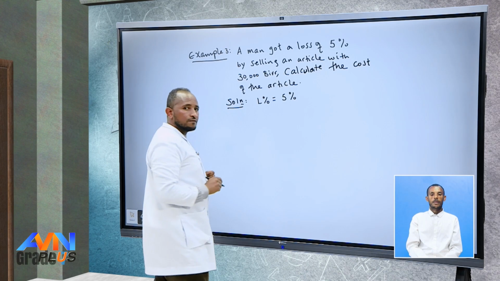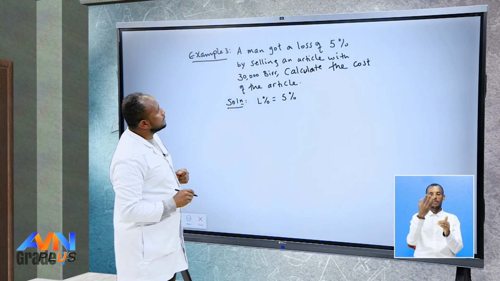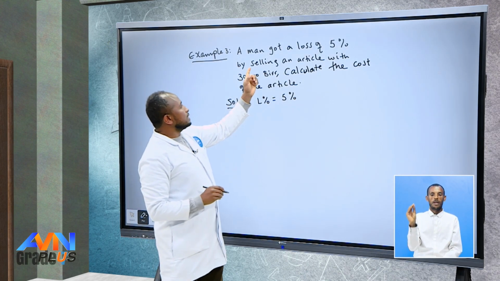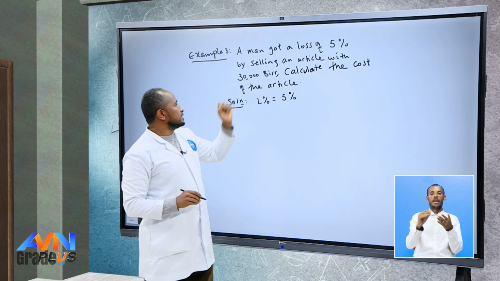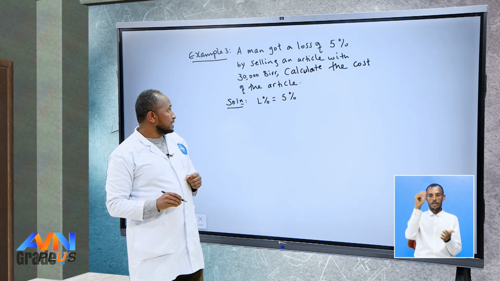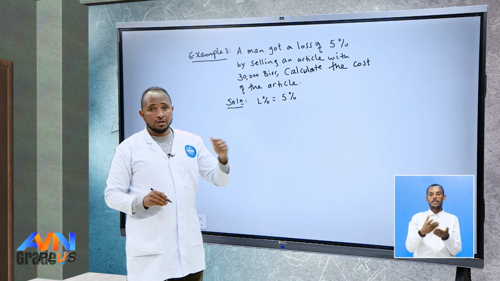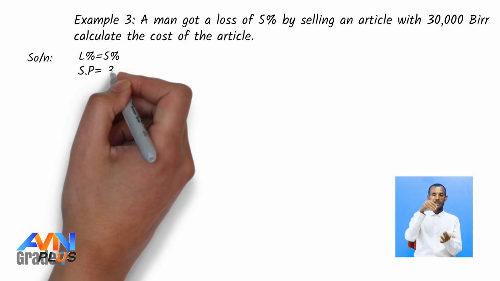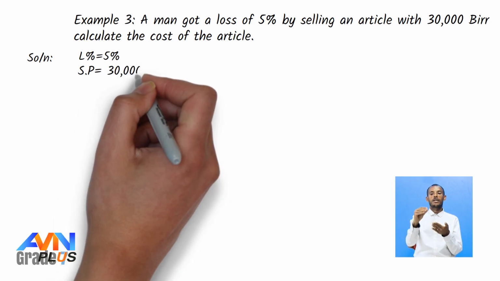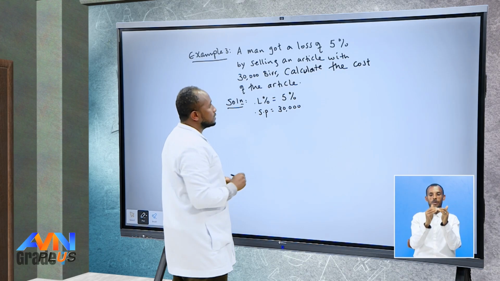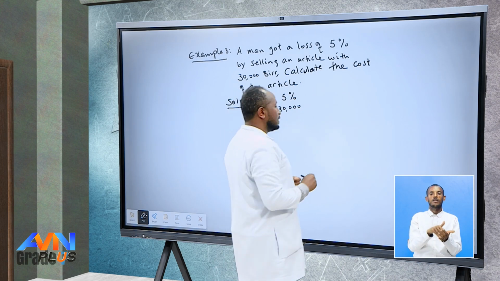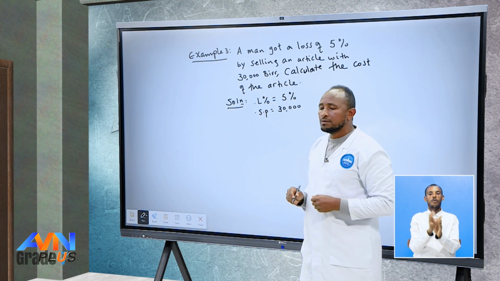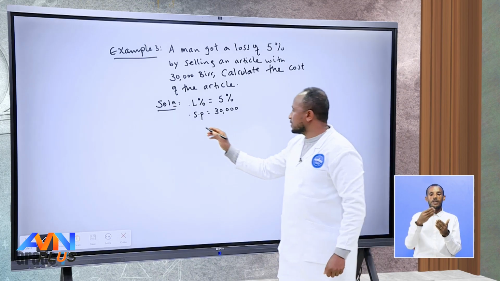And here it says by selling an article for 30,000. So here the selling price is also given. The selling price is 30,000. So the question is, calculate the cost price.